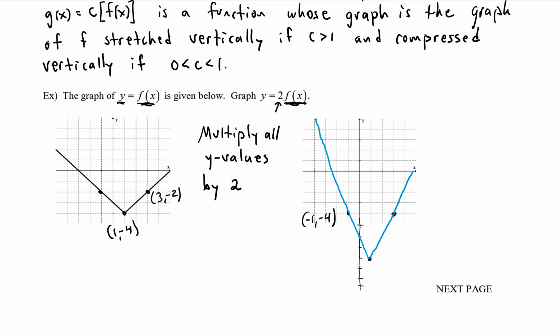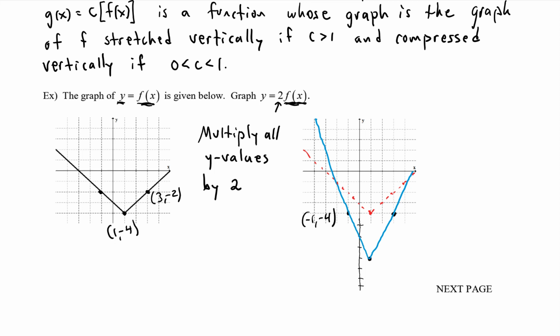So if I were to put the parent function on here, so here's the parent function. I'll do it in red. Notice the parent function was a little wider. And then after we stretched it vertically, it became a little bit more narrow. So the blue one is our new function, 2 times f, and the red dotted one is the original parent function.